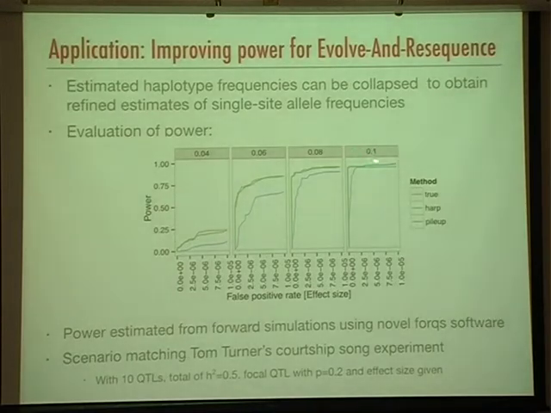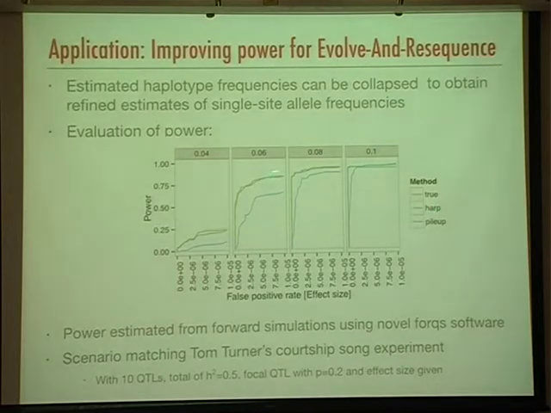What we see is that in cases where there's a large effect size and it's relatively easy to map the trait, you have high power even at stringent false positive rates, and it doesn't really matter too much which method you use. But if the effect size is smaller, where the power is more limited, we can focus on this case. The blue line is what you get if you use the vanilla algorithm of piling up the reads and just counting the bases.